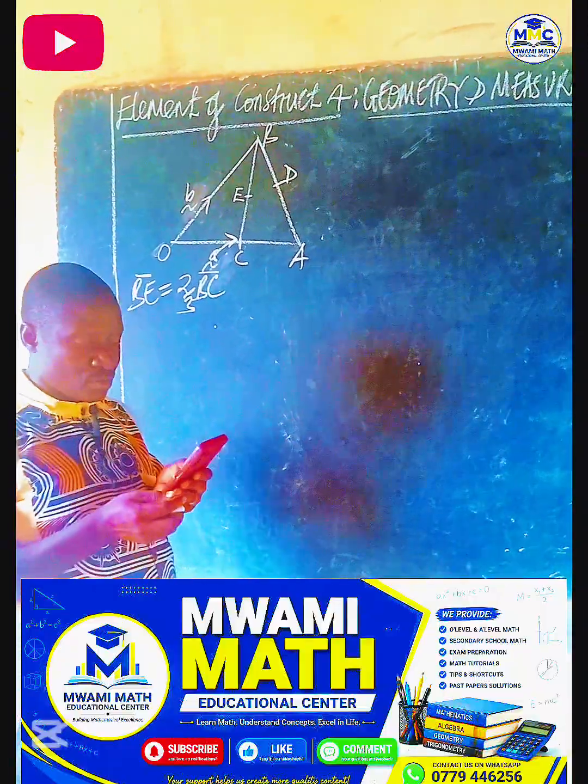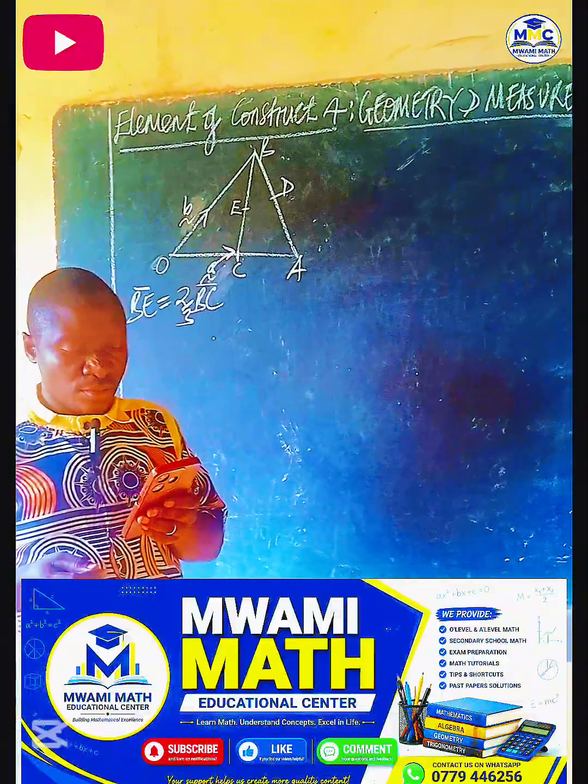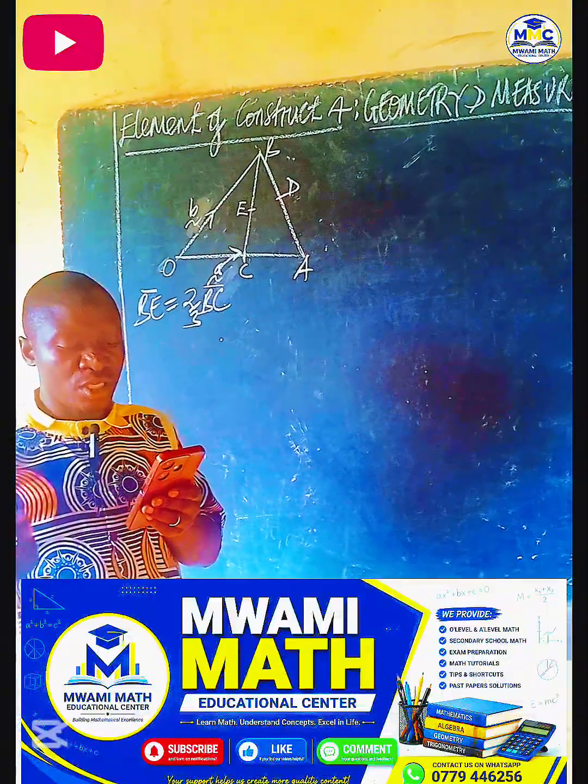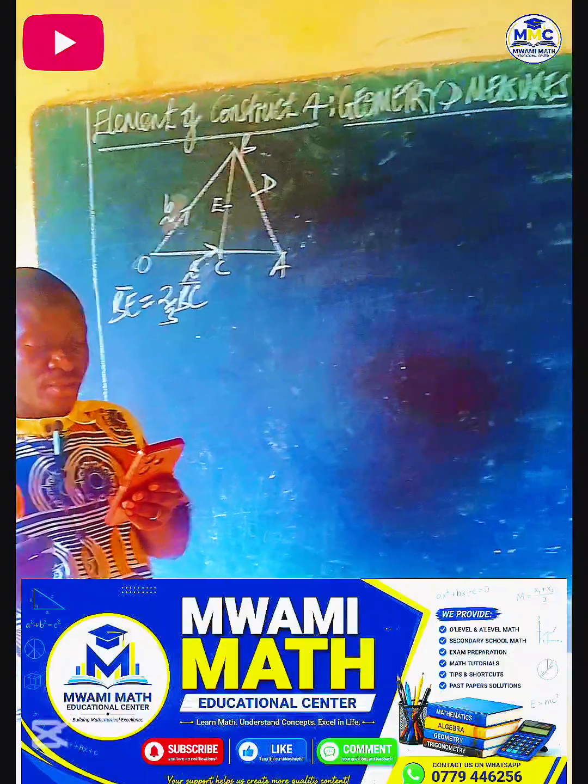Okay, that is wonderful. Francis wants to know if points O, E, and D are collinear so that he pays the surveyor.